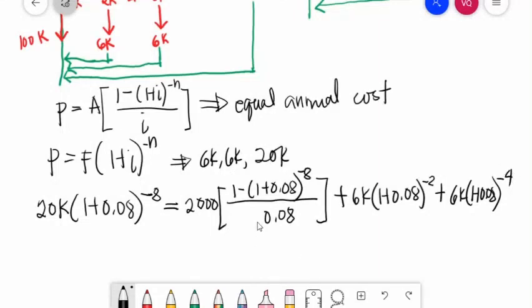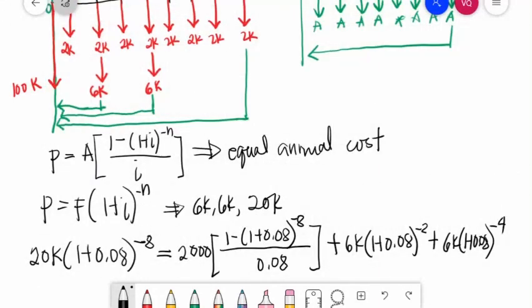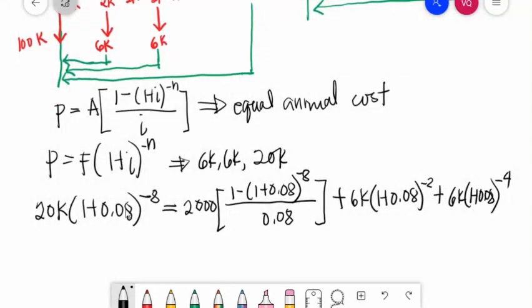Now, since this is the unknown, we will equate this one into this equation. So, we will transfer this 20K times (1 plus 0.08) raised to negative 8 into the other side of the equation.